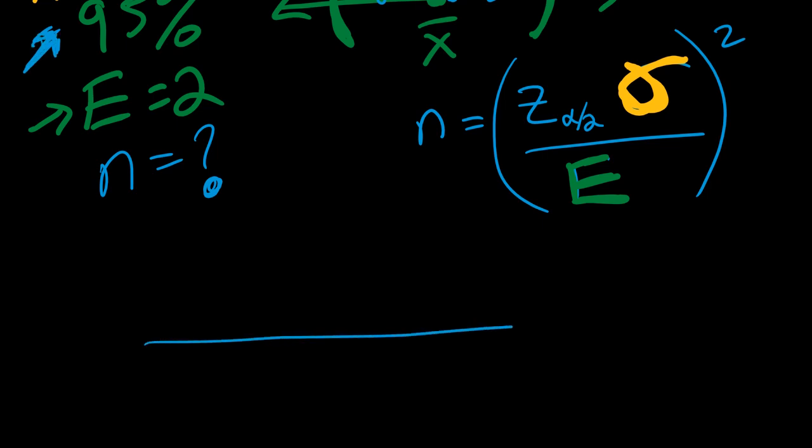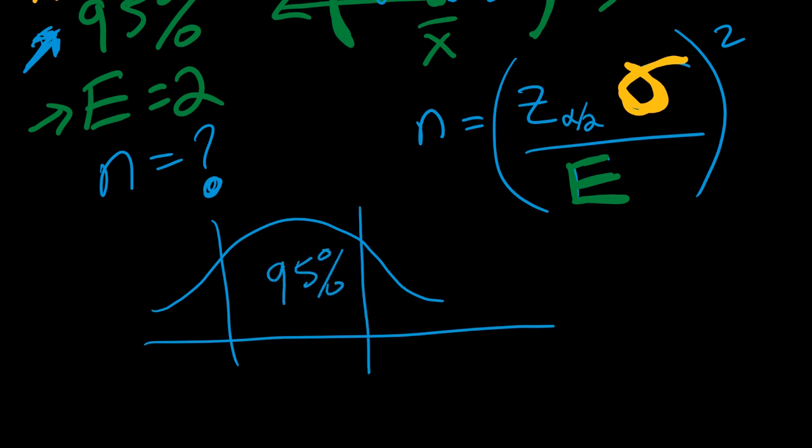So if I were to draw a normal distribution, right, 95% is in the middle for this confidence interval. All right, z is basically these cutoffs. In the center you have 0. So to the left of 0 is a negative z alpha divided by 2, and to the right is a positive z alpha divided by 2.